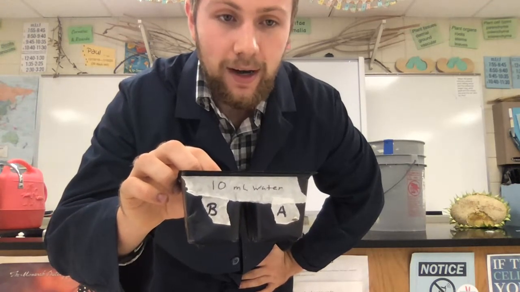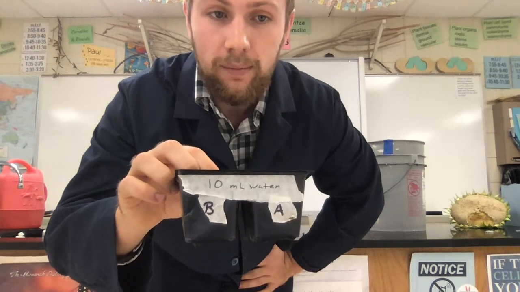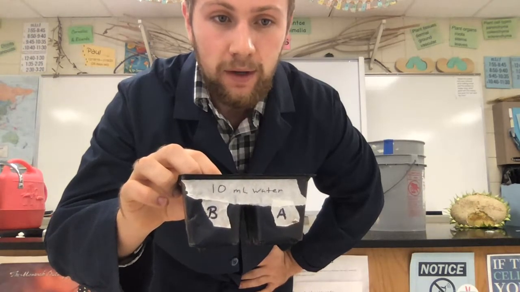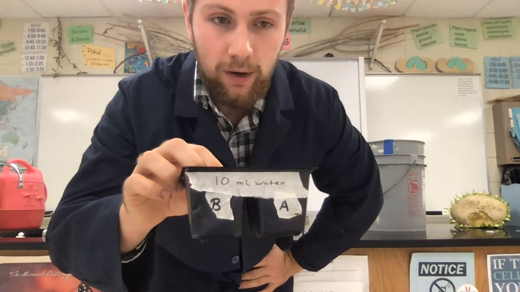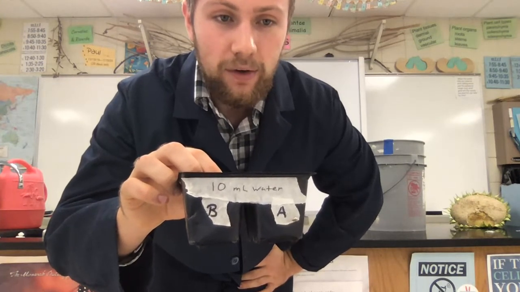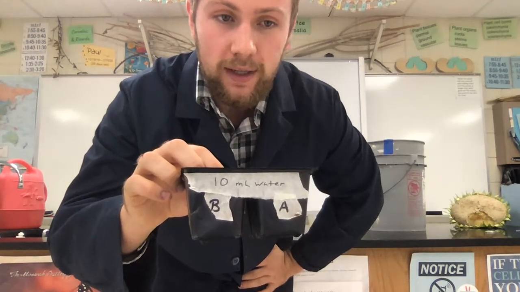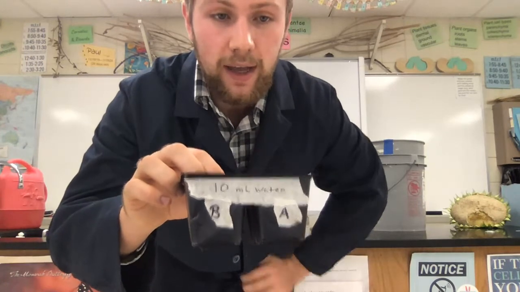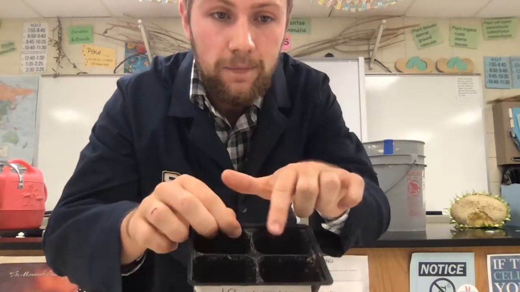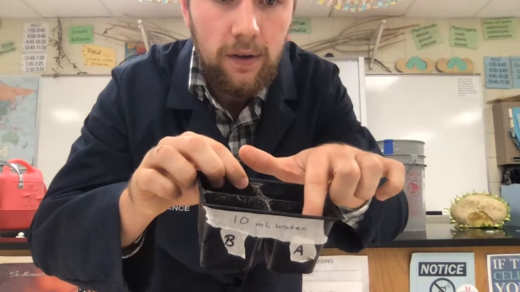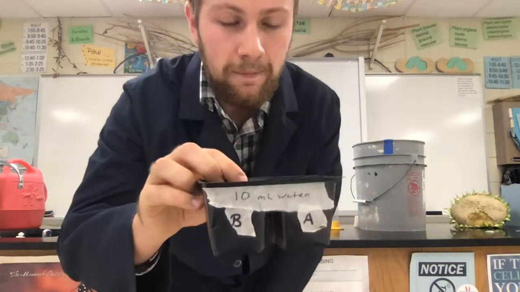And here I am choosing to use water amount as my independent variable. Okay, so water amount is my independent variable. My normal, or my control, is 10 milliliters of water, which I'll add to each of these two ones in front there.